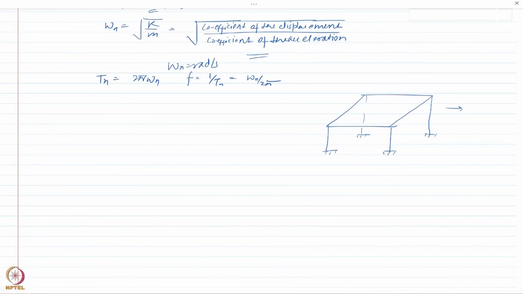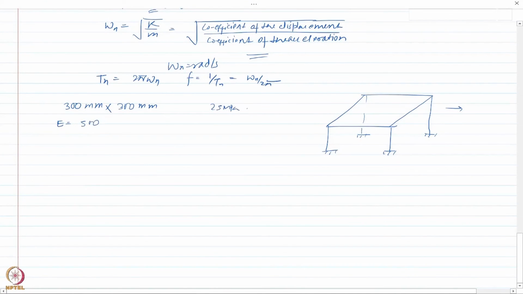There are 4 columns. A typical column could be 300 mm by 300 mm, and there are 4 of those, remember. E of concrete, let us say it is 25 MPa concrete.